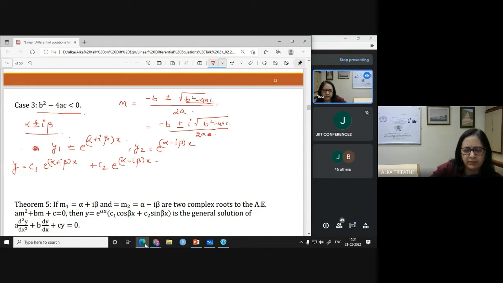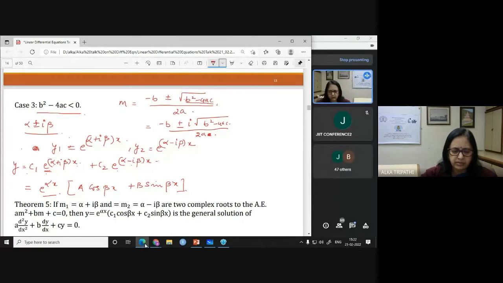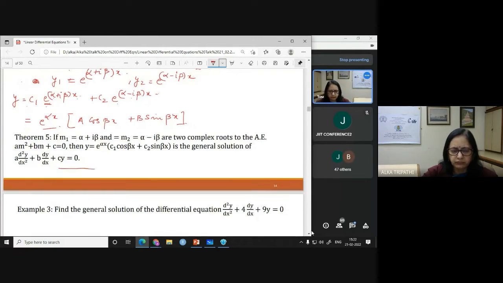This we can further simplify and write in the form e to the power alpha x times a cos beta x plus b sin beta x. If you simplify into cos and sine form, we will have the solution for that one. And from this we have this theorem.